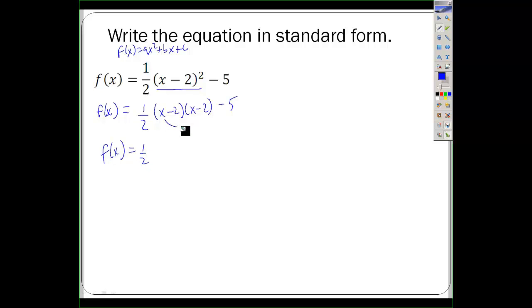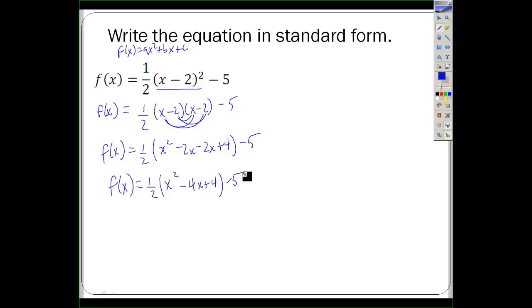So I'm going to save myself a little fraction work. 1/2 times x squared minus 2x minus 2x plus 4 minus 5. Okay, nothing happens to that minus 5. Please remember to bring it down because that's a very common mistake. So what I have here is 1/2 times x squared minus 4x plus 4 minus 5.